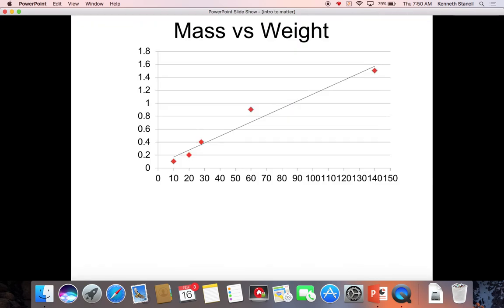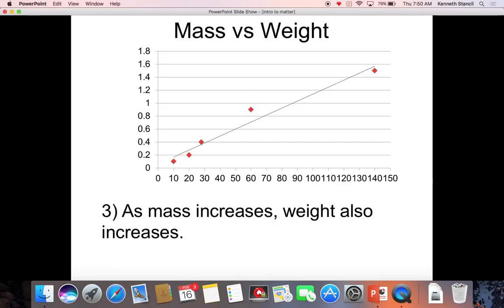Mass versus weight, what can we figure out here? Answers on the slide. As mass increases, weight also increases. Okay?